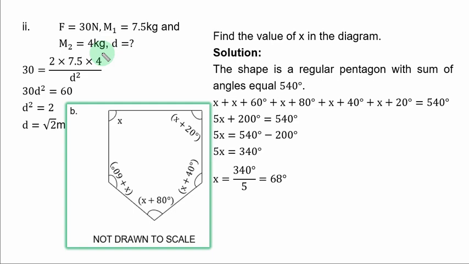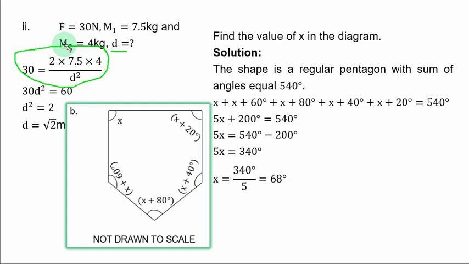Roman figure 2, you are asked to find distance when the force is 30 Newton, the two masses are 7.5 and 4 kilogram respectively. So you write the equation that connects the 4 variables and you replace them with what they stand for, except for d that you are looking for.